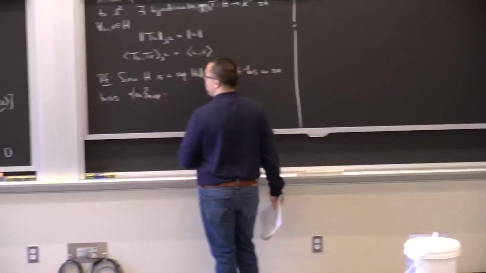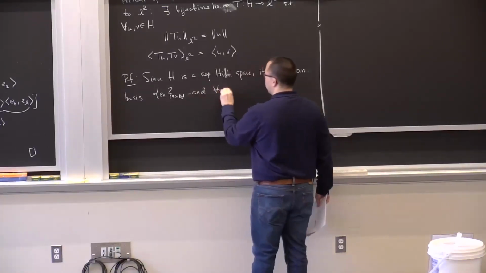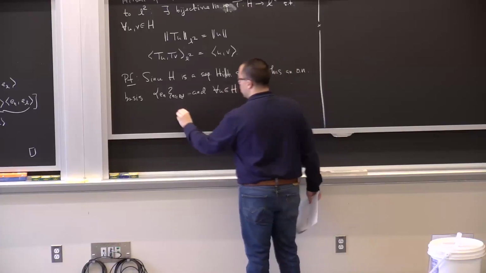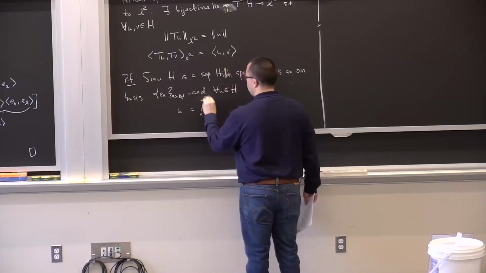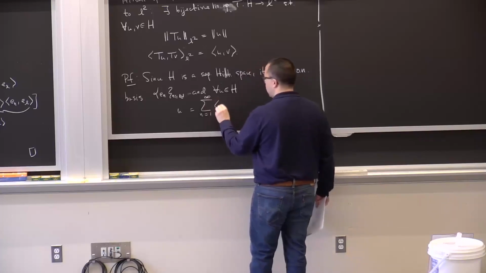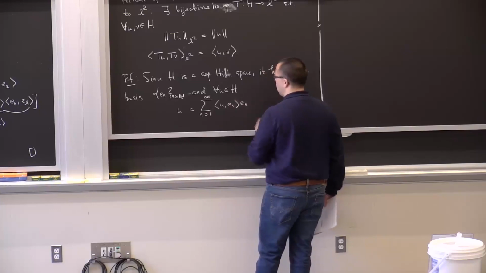So, and by the previous theorem, we have for all u in H, u is equal to the sum from n equals 1 to infinity of (u, e_n) e_n.